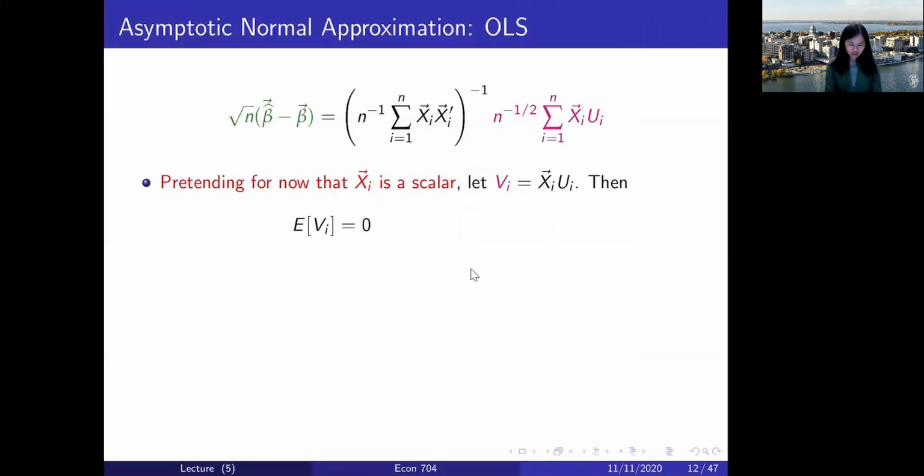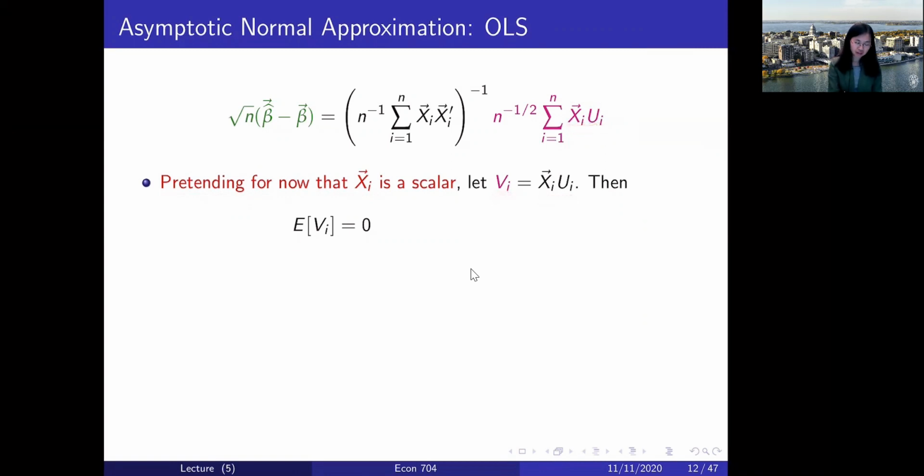The complication is that this x_i times u_i is a vector instead of a scalar, so the previous central limit theorem that we learned doesn't apply. Now, pretend for now that x_i is in fact a scalar, then this is a scalar, just a one-dimensional random variable. We can define that to be v_i.